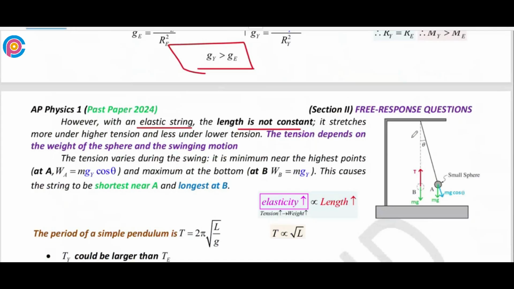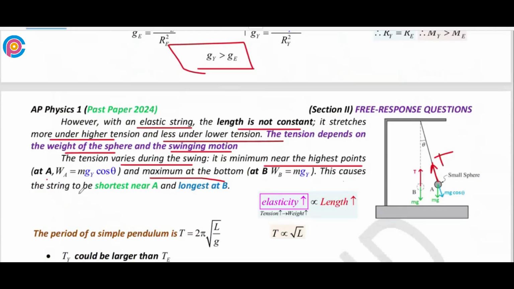The length is not constant. It stretches under higher tension and less under lower tension. Tension depends upon the weight of the sphere and the swinging motion. The tension varies during the swing. It is minimum near the highest point, where tension is balanced by mg cos theta, while tension is maximum at the bottom, point B, where it is greater than mg.